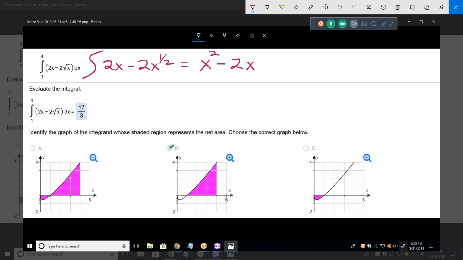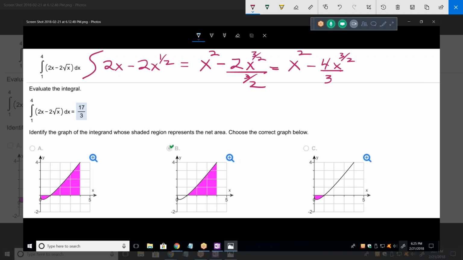I'm going to add 1 to the exponent, divide by the new exponent. In other words, get to that step and you know you're not going to make any mistakes. Okay, now I can simplify that to x squared minus 4x to the 3/2 over 3.